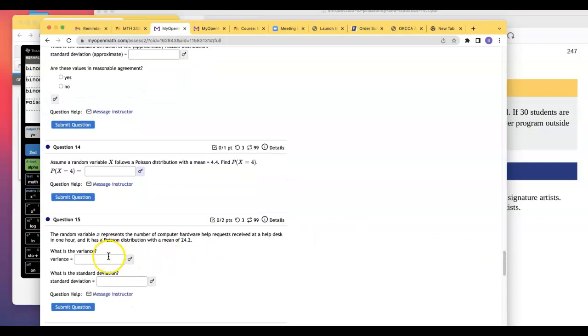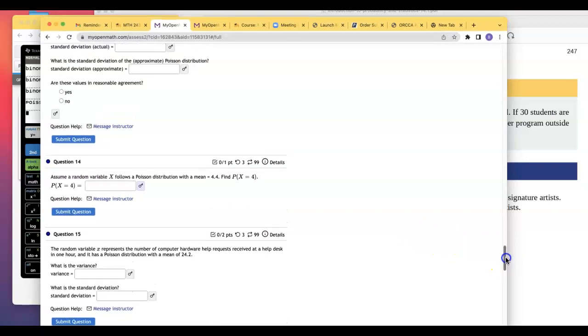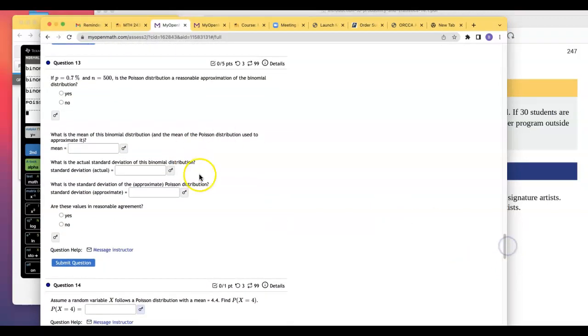Now the variance is the same as the mean. So the mean is 24.2. That's the variance. Standard deviation is the square root of that number. Okay, it's easy to find. Now this question asks you if the Poisson is generally a good estimate. We said that Poisson can estimate the binomial.